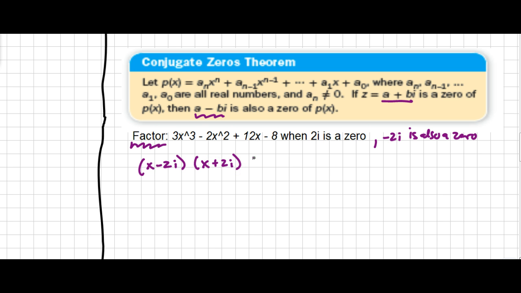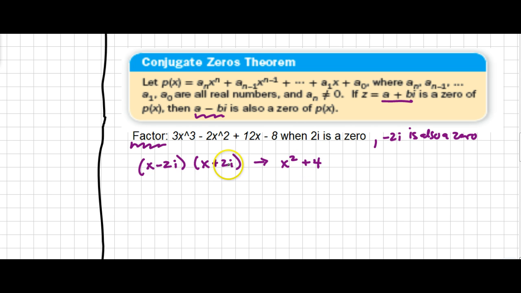Now I'm going to go ahead and multiply those together using FOIL. So when I do that, I get x squared, negative 2ix, and positive 2ix, those are going to cancel. And then for the last terms, I'm going to get negative 4i squared, which is going to turn into positive 4.